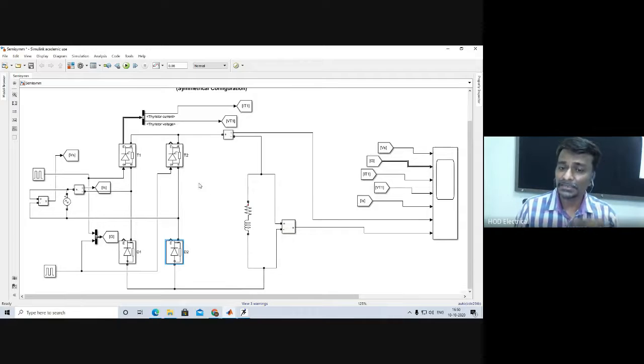Even though D2 is forward biased, as T2 is not switched on, there is no provision for current to flow between T2 and D2.